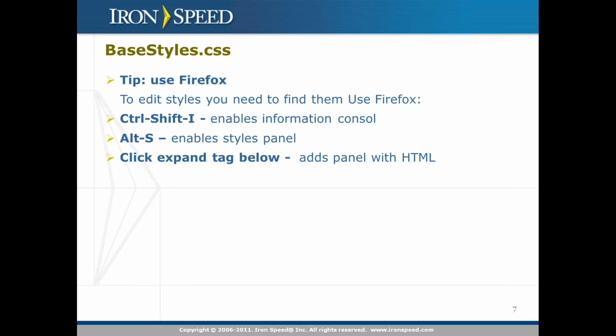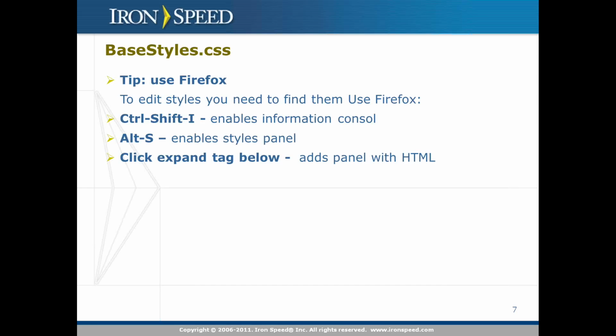So now, before we go to the styles, I want to give you one tip. If you want to work on the modification of the style sheet, if you want to figure out what style particularly affects this or that element on the page, use Firefox. Why? The thing is that Firefox has pretty powerful functionality to see where you are and which element is affected by which style.